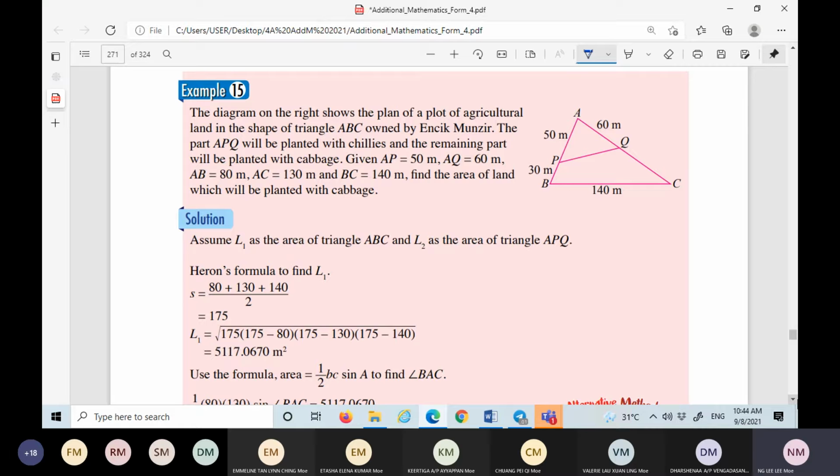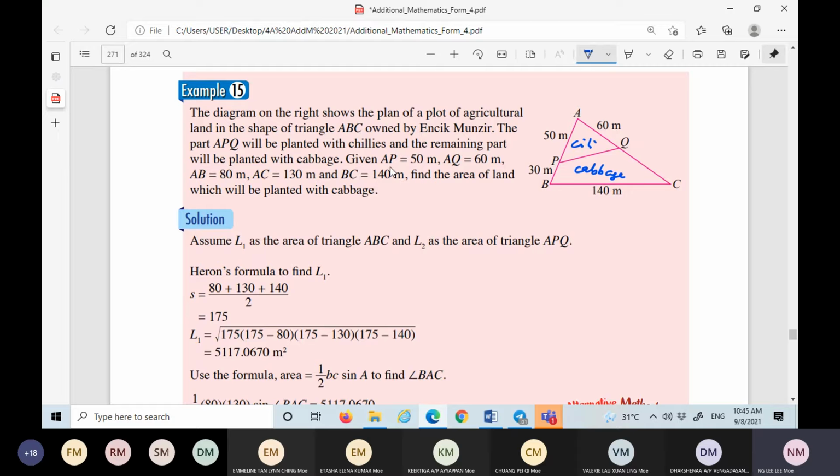Okay, this is the shape of a triangle ABC. APQ here is a chili, and the remaining part is a cabbage.